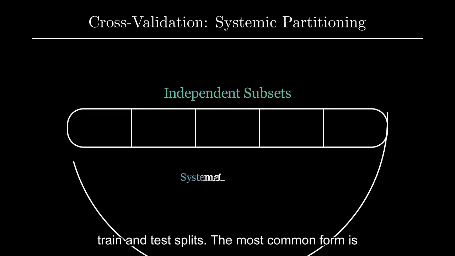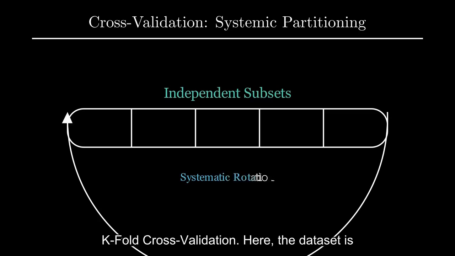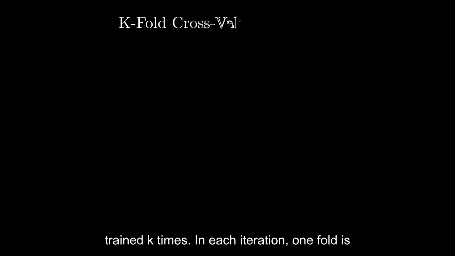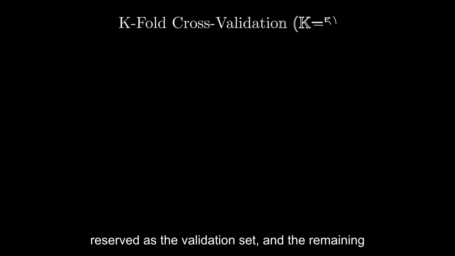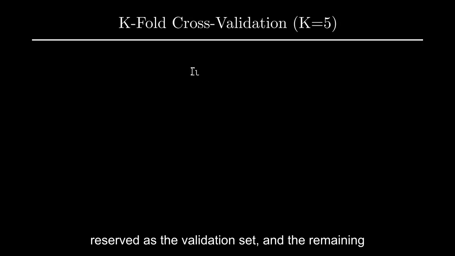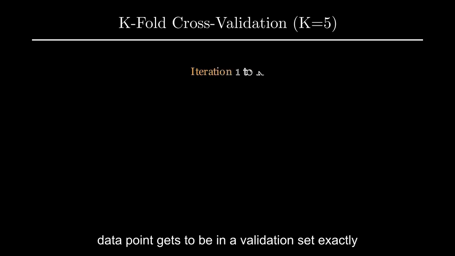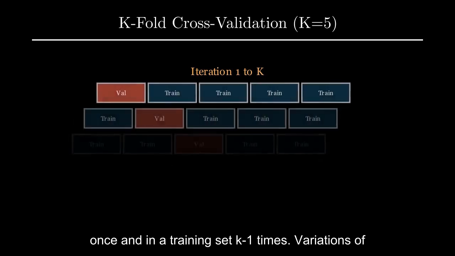The most common form is k-fold cross-validation. Here, the dataset is divided into k equal-sized folds. The model is then trained k times. In each iteration, one fold is reserved as the validation set, and the remaining k-1 folds are used for training. This ensures every data point gets to be in a validation set exactly once, and in a training set k-1 times.